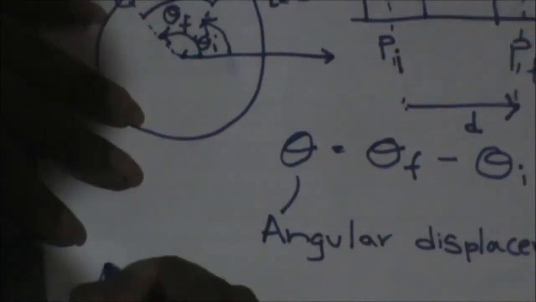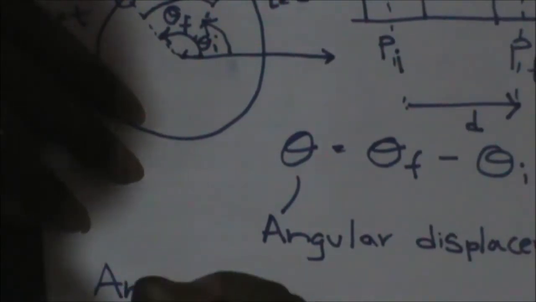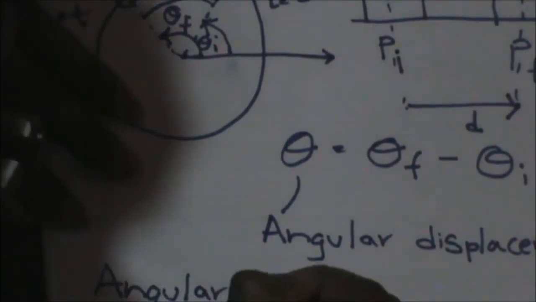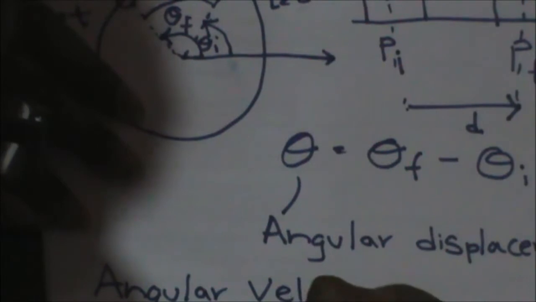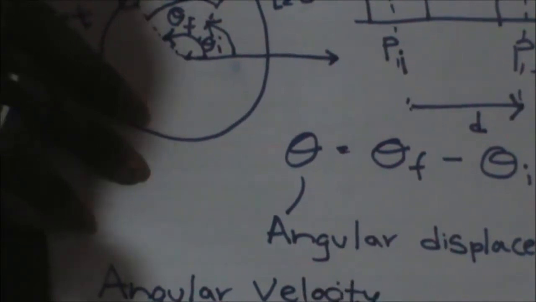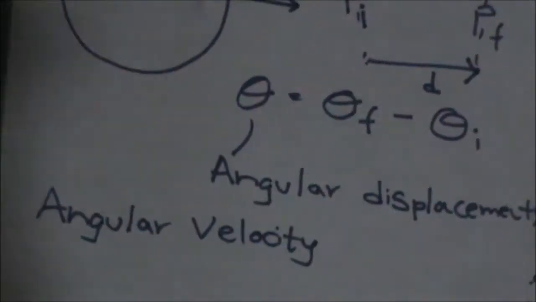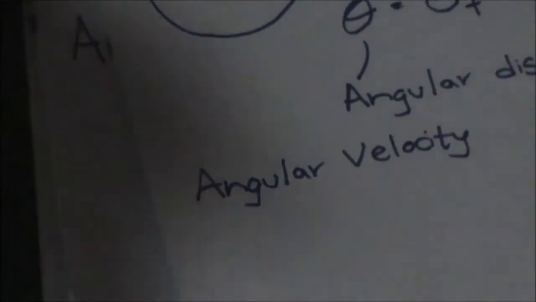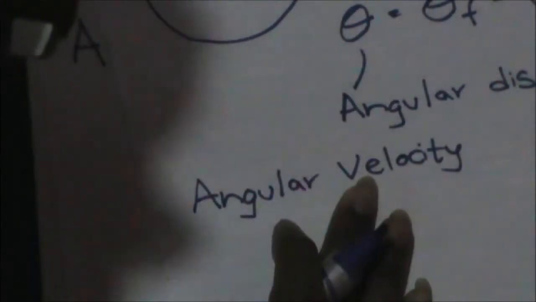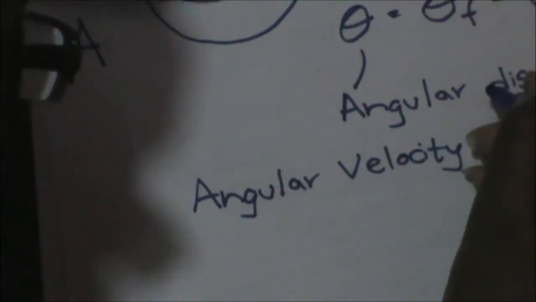Okay, similarly, what's angular velocity? I don't have to draw diagrams and show you what angular velocity is. You know what translational displacement, translational velocity, and translational acceleration are. Angular velocity is the same as translational velocity, except that you take only the angle.